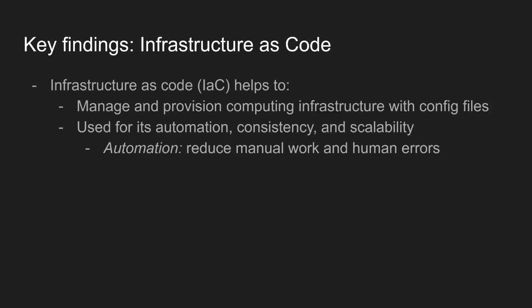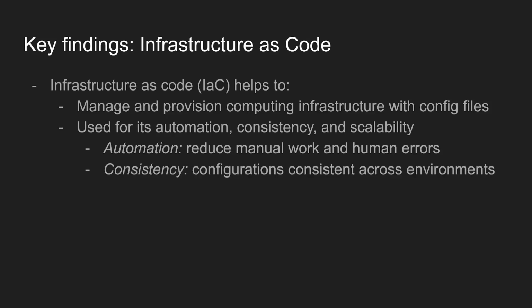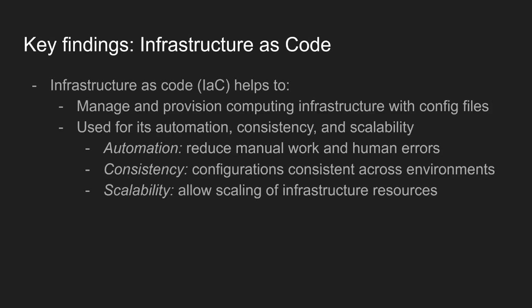So you don't have to manually go to each host and install or configure the system, which can be tedious and takes up a lot of time. You also probably don't want to configure 50 different servers manually. IaC configurations are also consistent across different environments, and they also have scalability to meet the high demands and allow for rapid scaling of infrastructure resources.